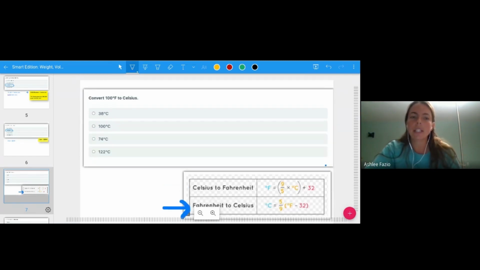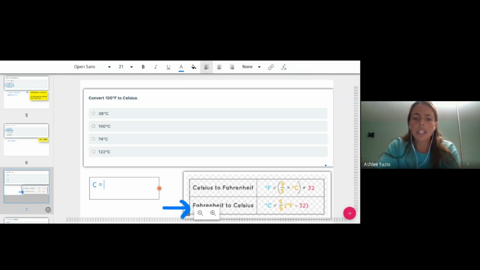So in this case, because we're going from Fahrenheit to Celsius, I'm going to choose that bottom one. And I'm just going to plug in what I know. So I'm just going to leave the degrees Celsius as C for now, and we'll come back and solve for that. So C is going to be equal to 5/9 times, okay, so our degrees Fahrenheit is where we plug in the 100, subtract the 32. And now it's a matter of just knowing how to plug this into our calculator to solve.